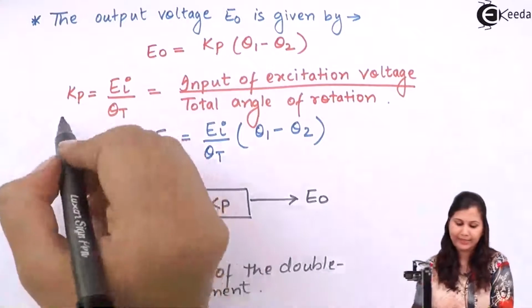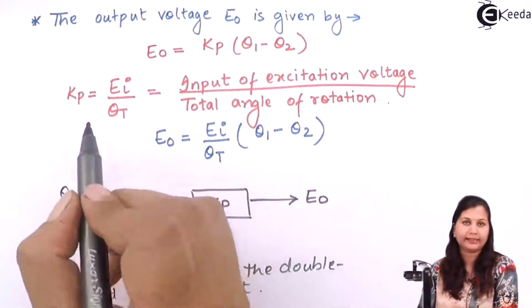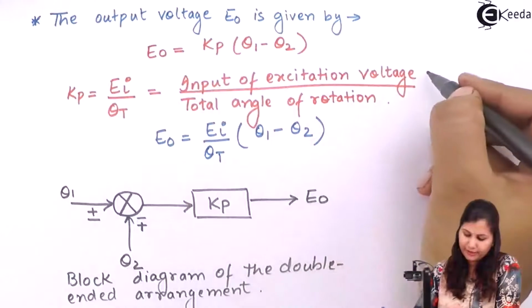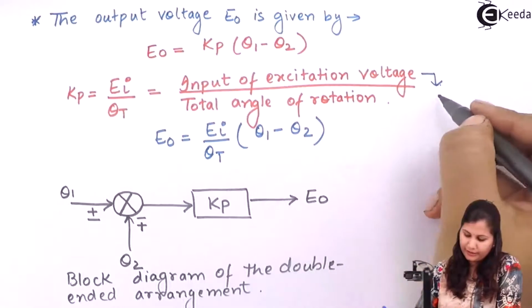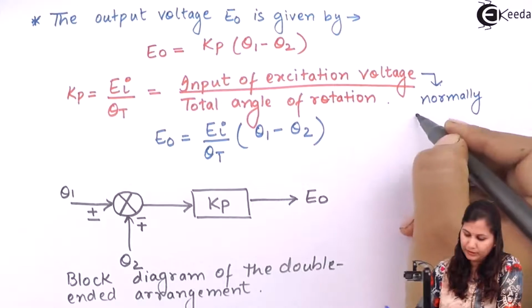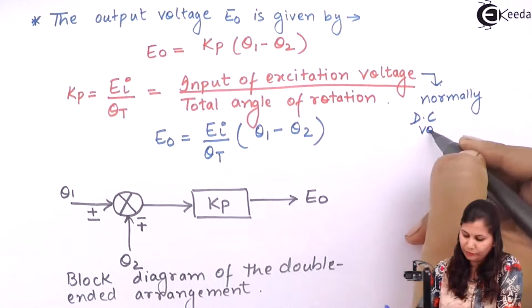Now as Kp equals Ei over theta t, this applied voltage or input voltage is normally a DC voltage.